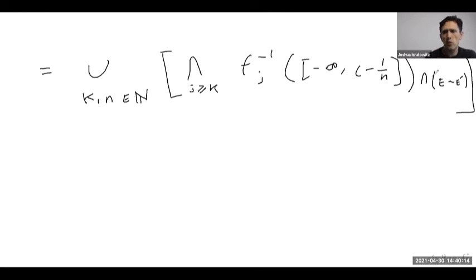And this only works if we're in E take away E prime. So, right, E is measurable. We excise a set of measure 0. That's still measurable. So everything is measurable. f_j is a measurable function, so this is measurable.